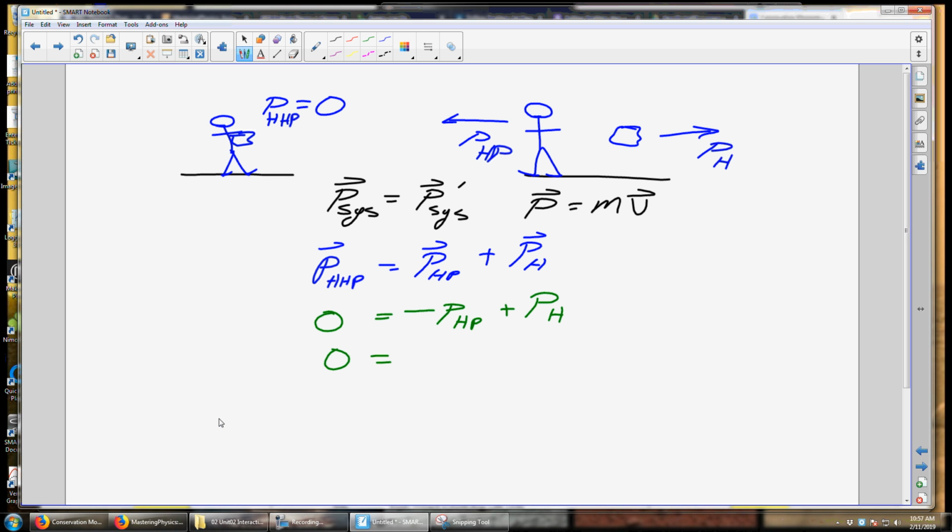I feel like it's chemistry now. This would be mass of hockey player times velocity of hockey player, and I know that it's negative, plus mass of helmet times velocity of helmet, and I know that that is positive. I get rid of this little vector symbol.